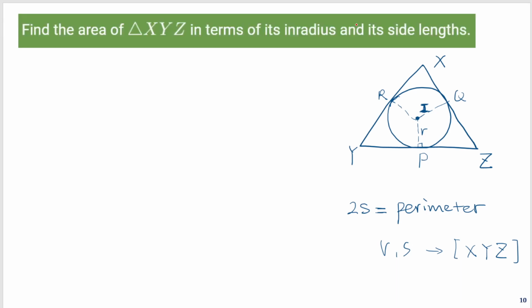Okay, I'll give you a hint. Those radii of the incircle perpendicular to the sides make us think of altitudes, right? So we probably could break the whole triangle into 3 parts. If you connect XI, YI, and ZI, the area of XYZ is given by the sum of the small areas here, right?